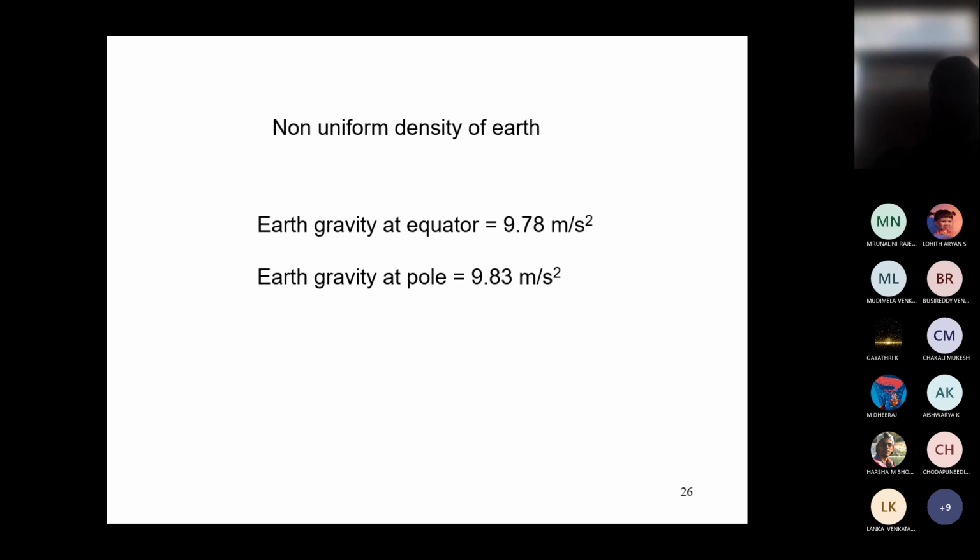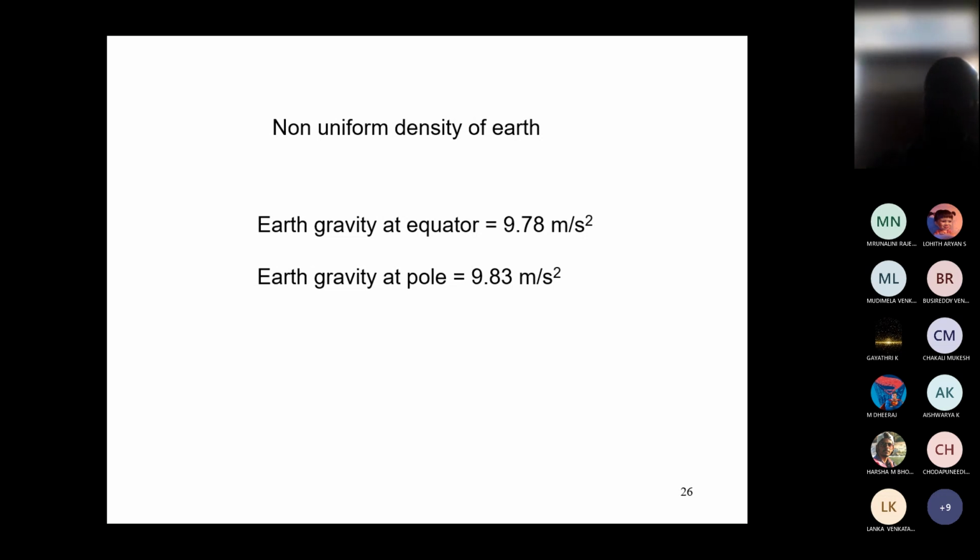Another parameter is the non-uniform density of the Earth. Two thirds of the geographical area of our Earth is covered by water, and one third is covered with land. So the density of the Earth is also not uniform.